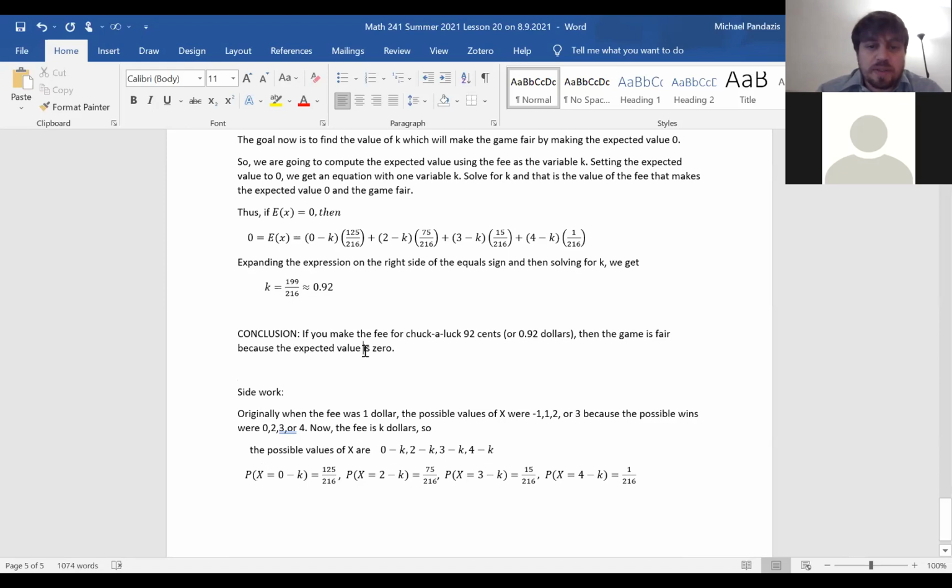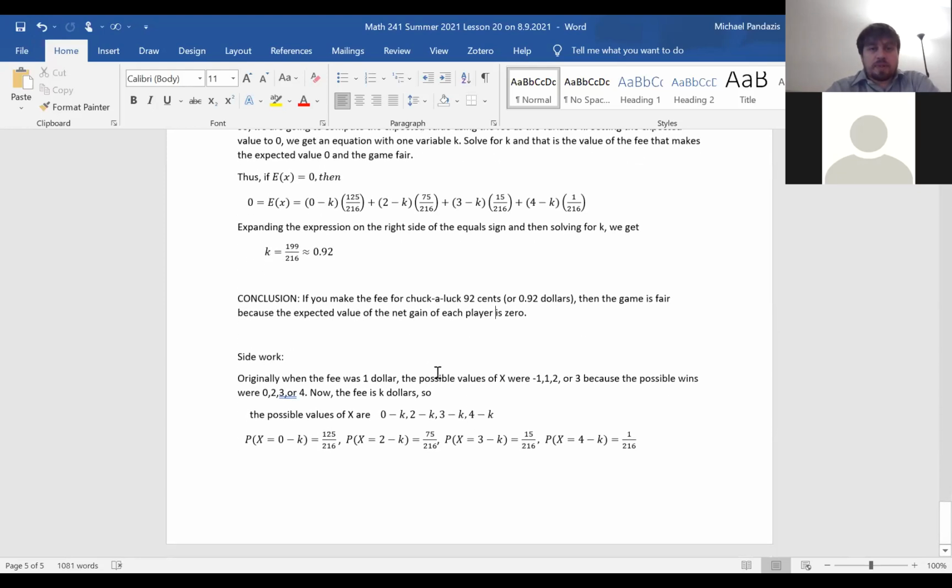Because the expected value of the net gain of each player is 0. Okay, so that's one example of another example.